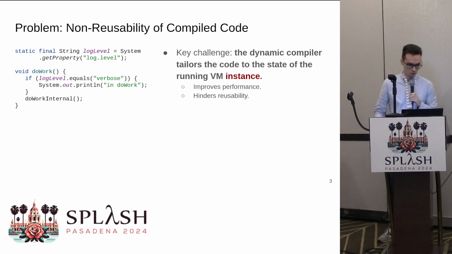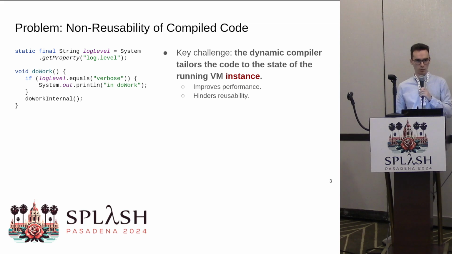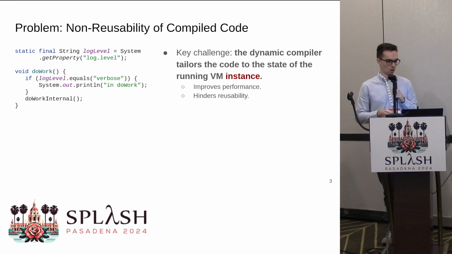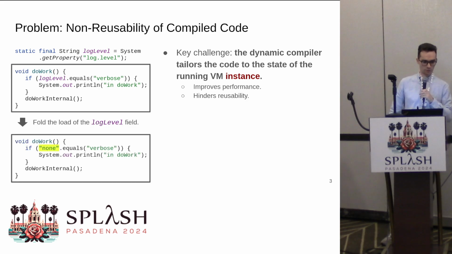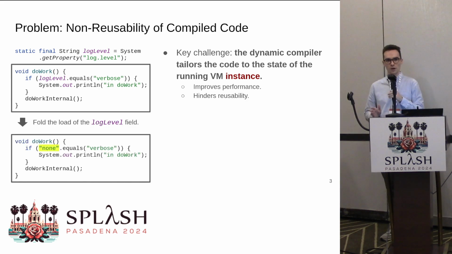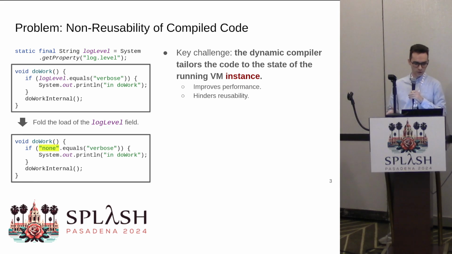So to understand this problem, consider the code on the slide. So we have some method doWork that performs some logging based on the value of a static final field. And then it performs the actual work. So how would a performant dynamic compiler optimize this?